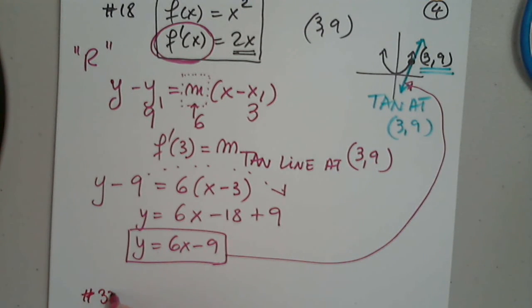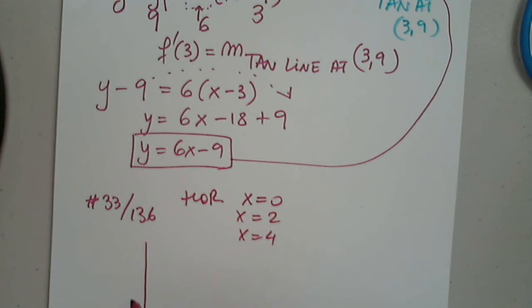So 33 on page 136. Draw a graph of a function that is differentiable and has horizontal tangent lines at x equals 0, x equals 2, x equals 4. This is a good exercise. Let's take a look.